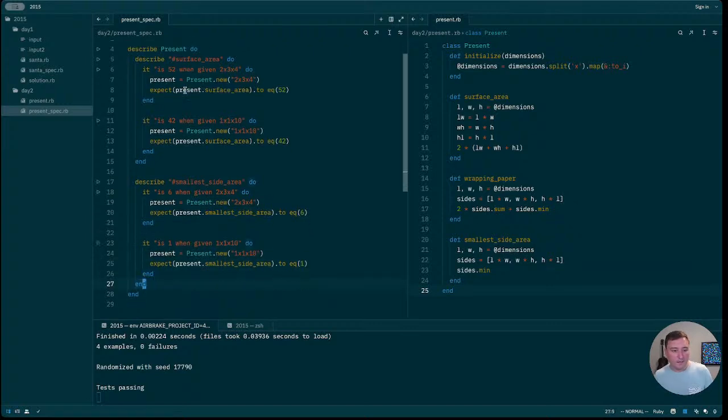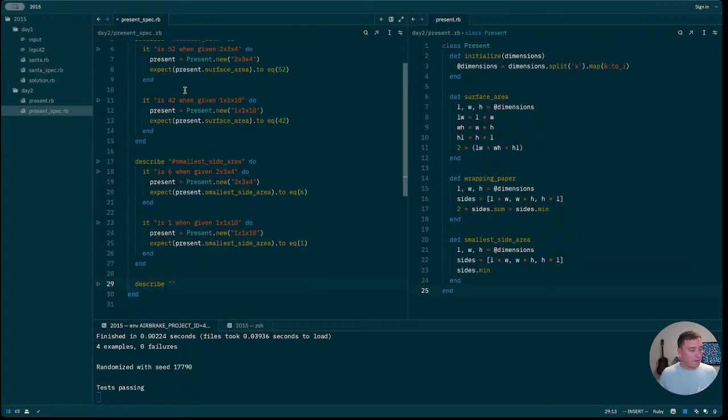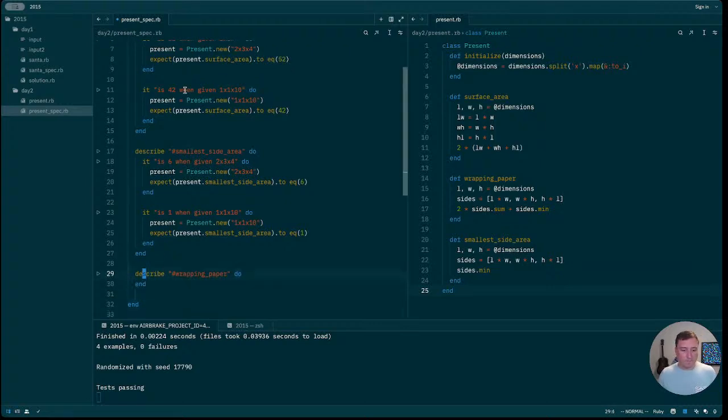And let's go ahead and create this final method here of find the surface area of the box. And so this is wrapping paper. Square foot paper total.